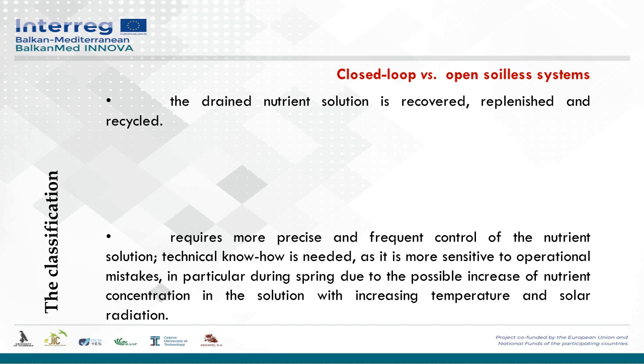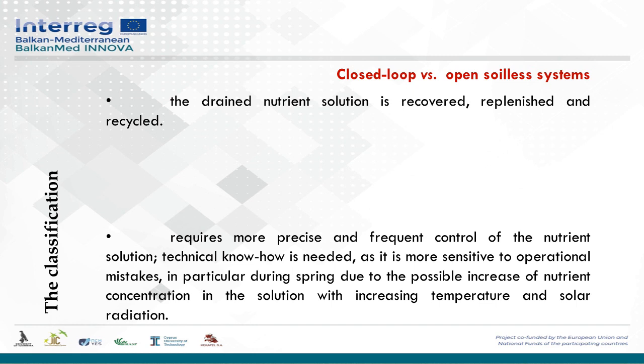Therefore, there's been a lot of pressure to reduce these negative effects on the environment, which led to the development of the closed soilless production systems. In the closed soilless production system, the drain nutrient solution is recovered, replenished, and recycled again to the plant.